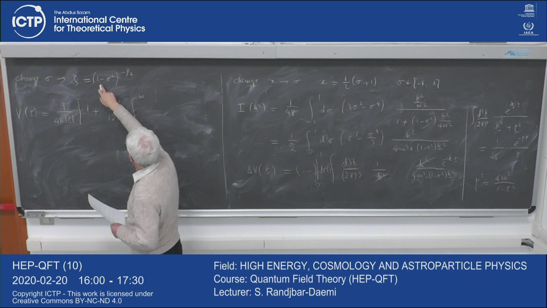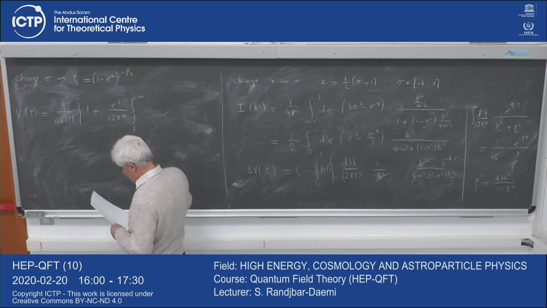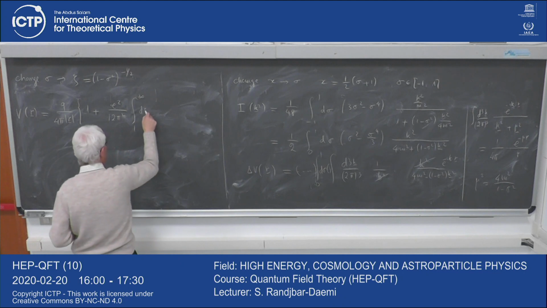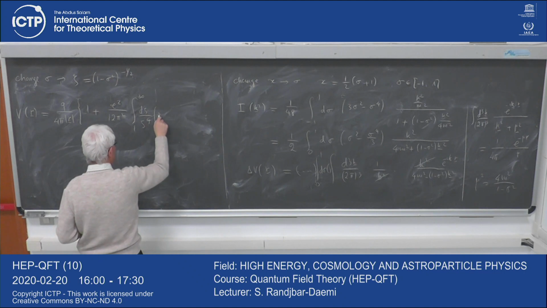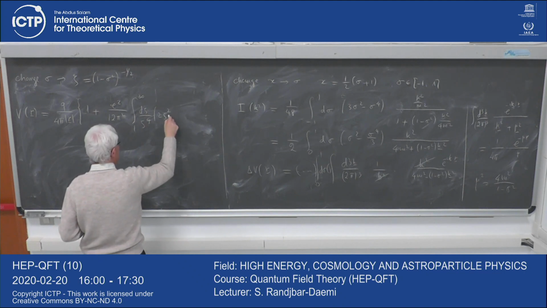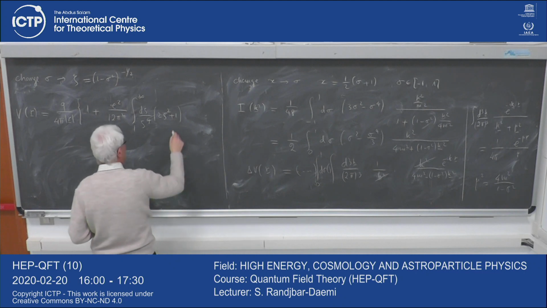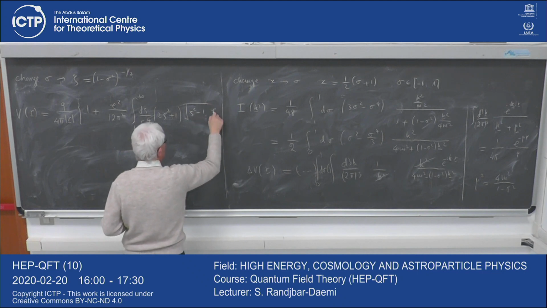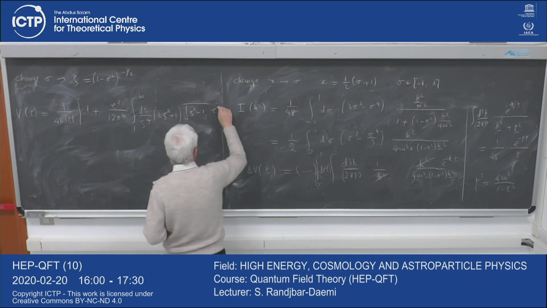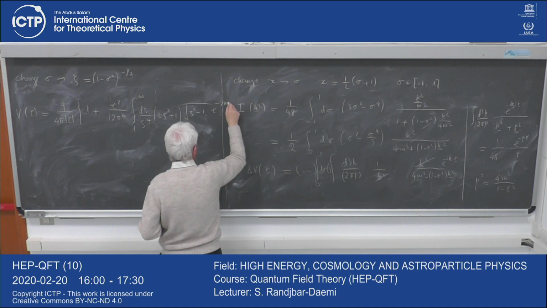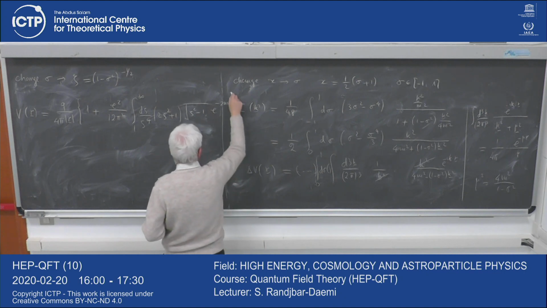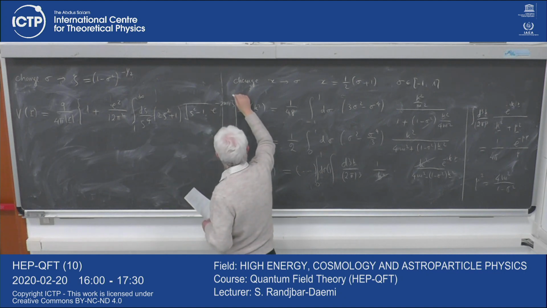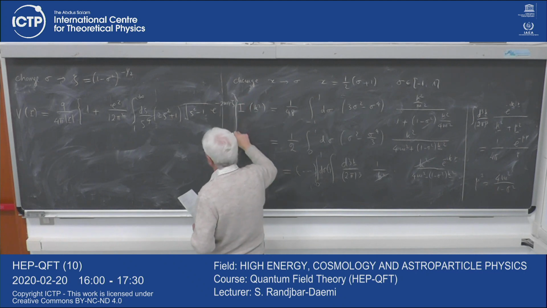If sigma is 1, this becomes 0 to the power minus, it becomes infinite. But then the integrand here looks quite complicated. The exponent looks nicer, the integrand looks complicated. This is called the Uehling potential.